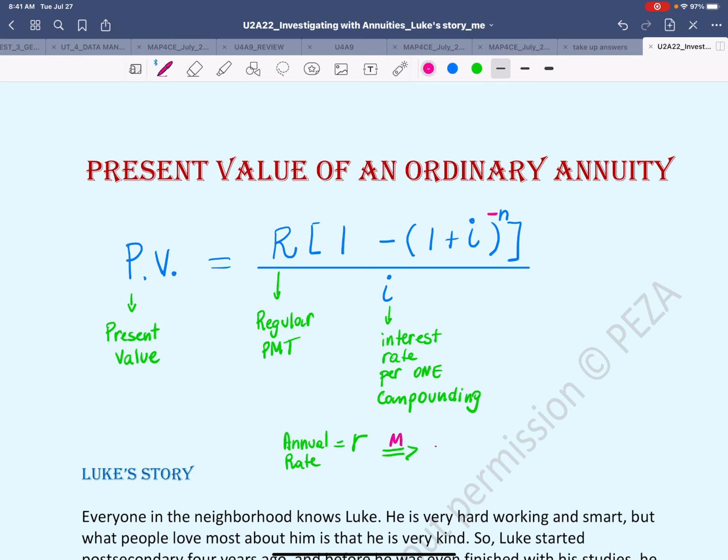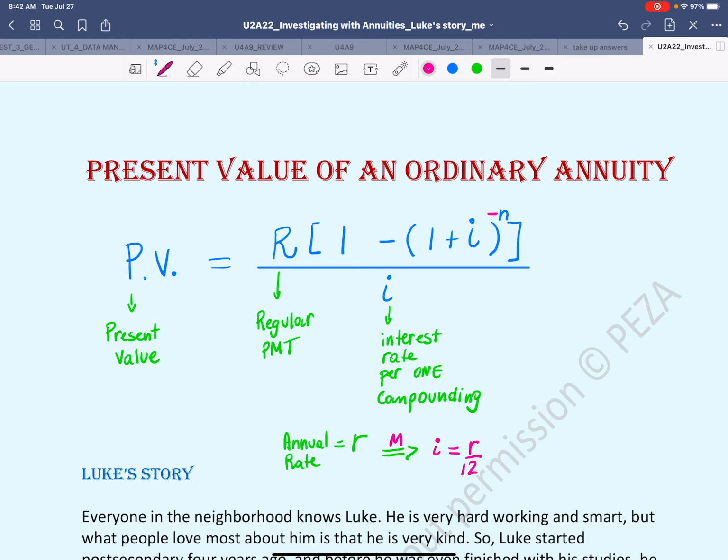then you will have to find the interest rate per every month. We call it per every compounding period. So if money compounds monthly, that means that in 1 year, there will be 12 compounding periods because there are 12 months in a year and every month represents one compounding period. The interest rate per compounding period would be equal to the annual rate divided by 12.